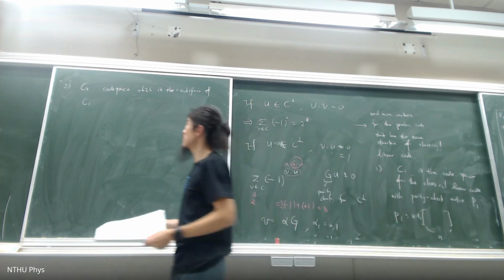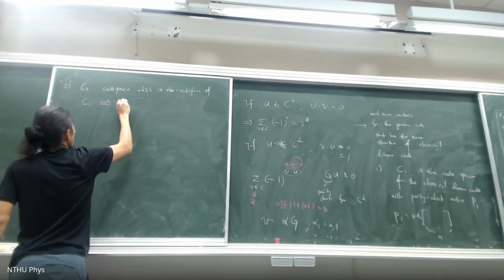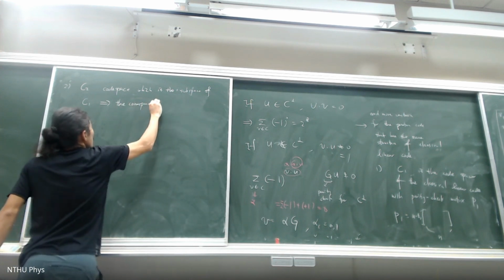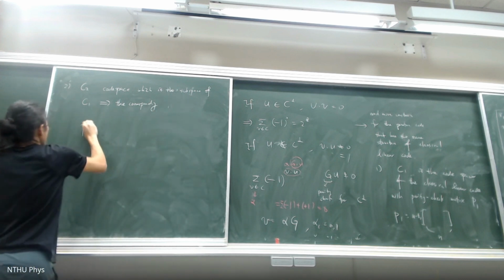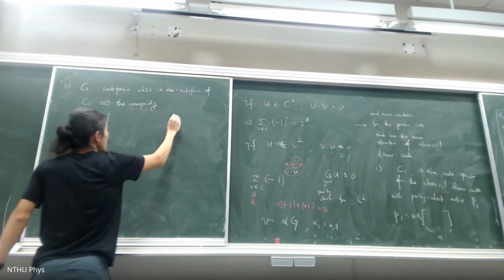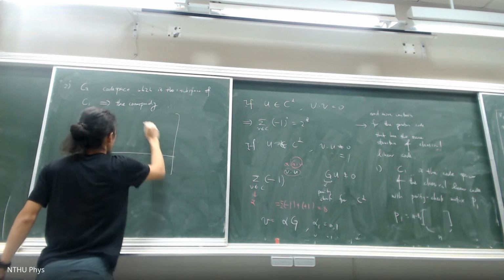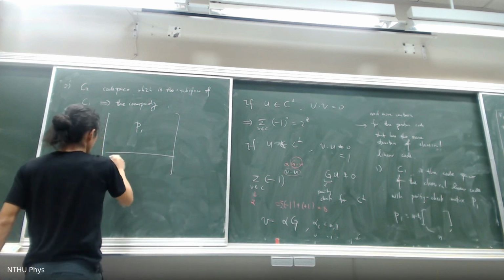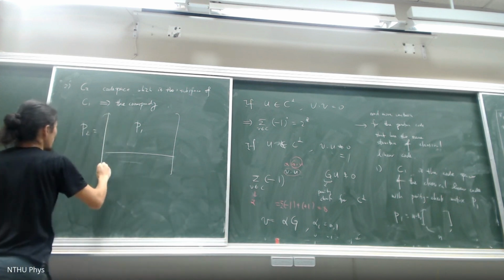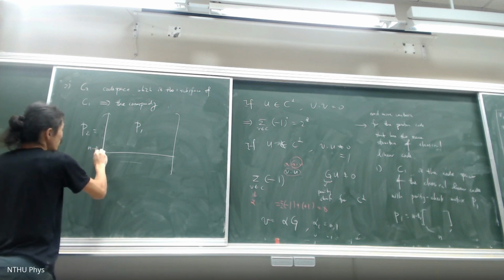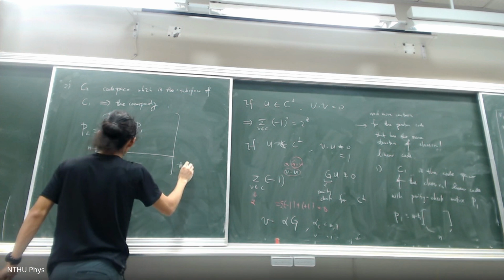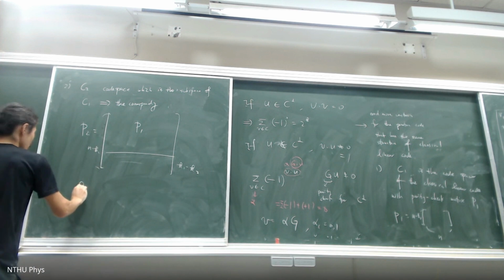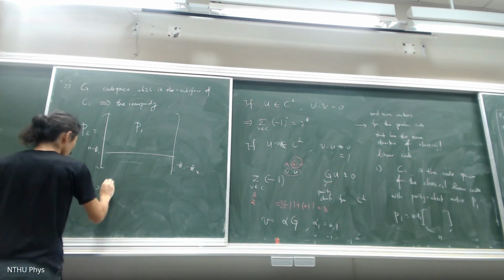Its parity check matrix should have the following form: the first upper entry is the P1 that has this structure, and this is the remaining part. This corresponds to n minus k2, and this will be k1 minus k2. So k1 is greater than k2.